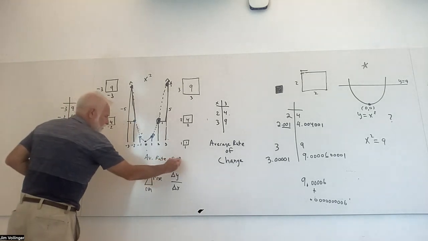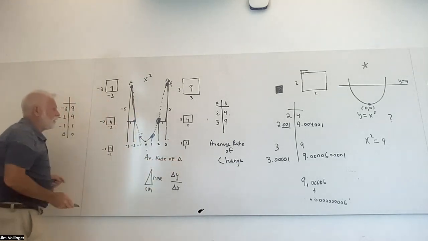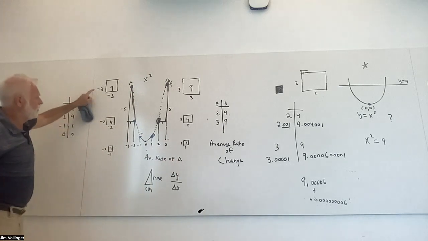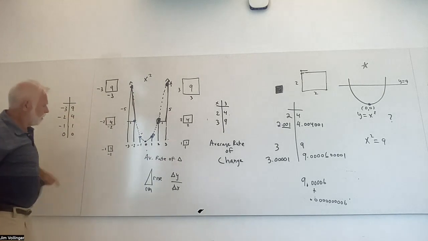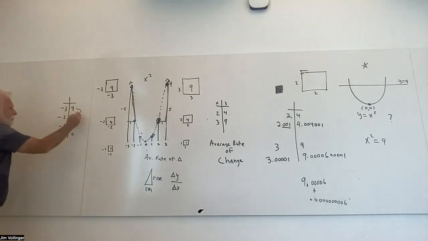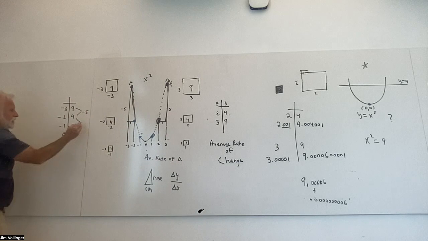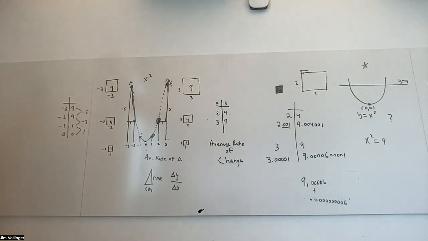Average rate of change from that dimension to that dimension is down 5 over 1. The average rate of change on the next one is down 3, and then the next one is down 1. And so the change is changing.